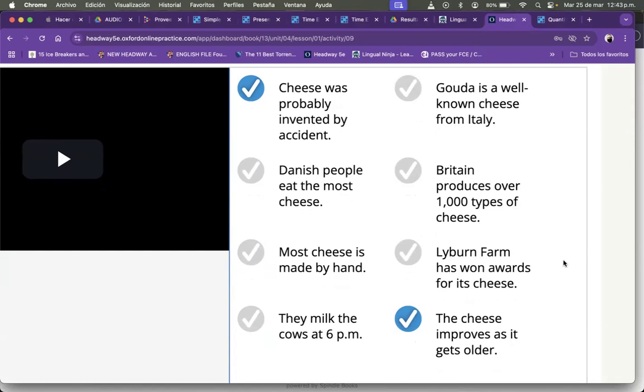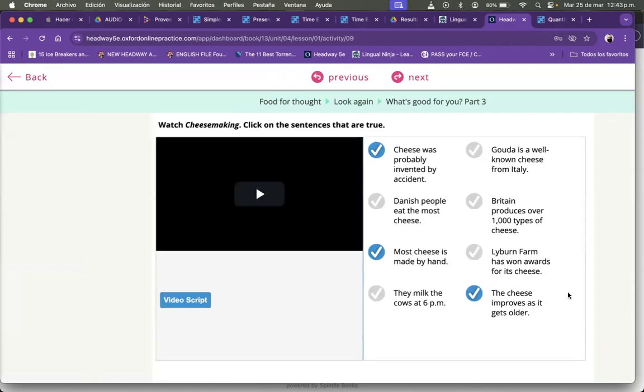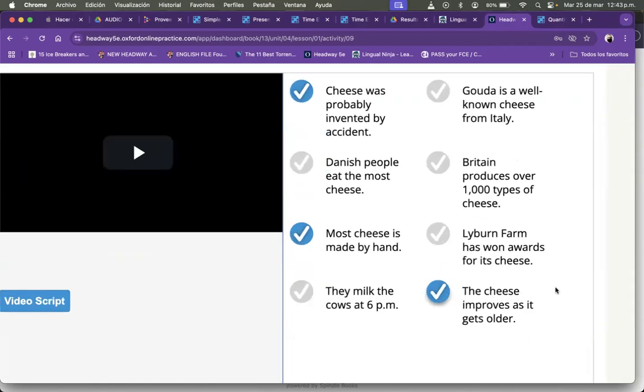No, not true. No, sorry. Okay, no worries. Cheese is made by hand. That's it? The farm has won awards for its cheese.